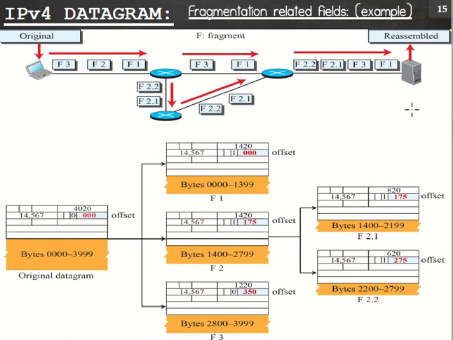The value of the identification field is the same in all the fragments. The flags field has the more bit set for all the fragments except the last. Except for the offsets 000, 175 and 350, the rest of the data is the same.